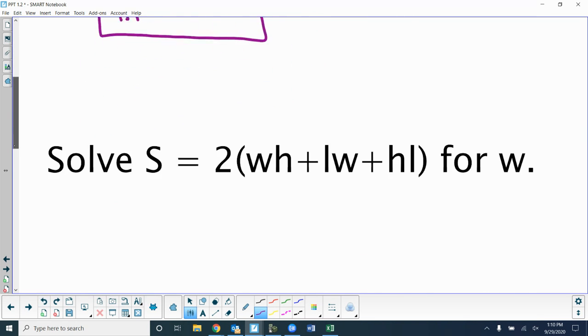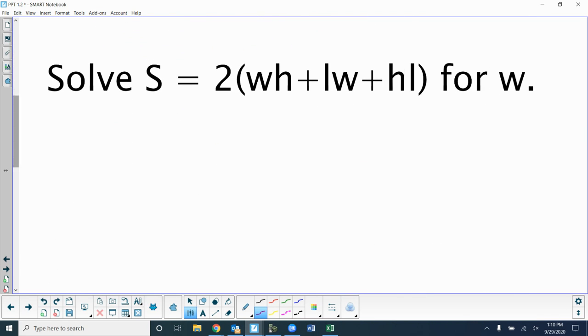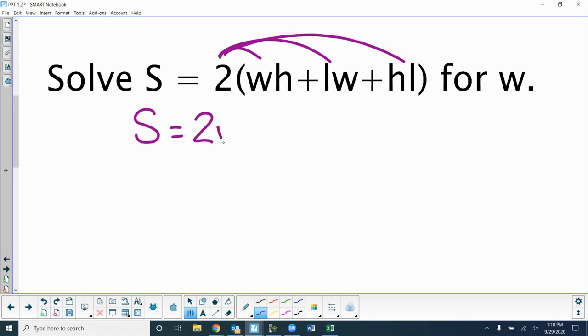So I've got my S equals 2WH. I want to make these L's capital just so they don't look like ones. 2LW and 2HL. Just distribute the 2. Okay?